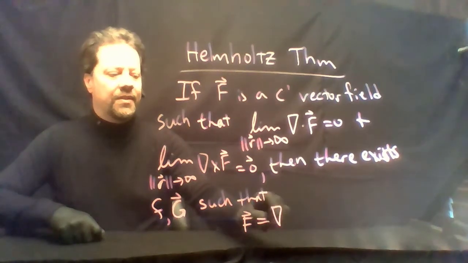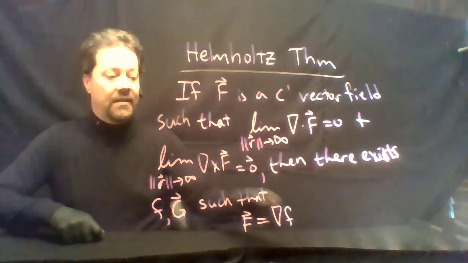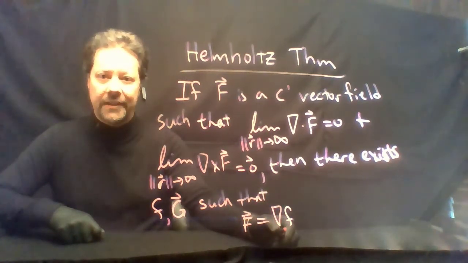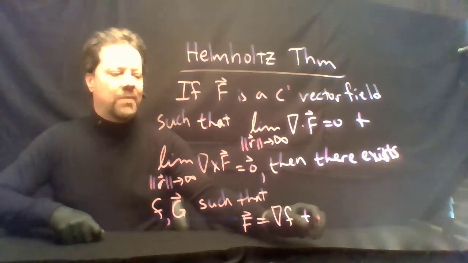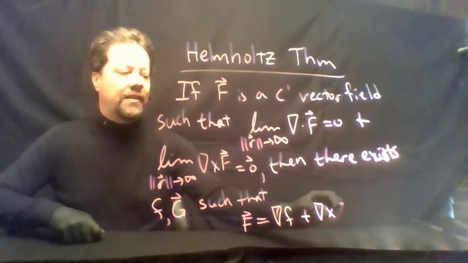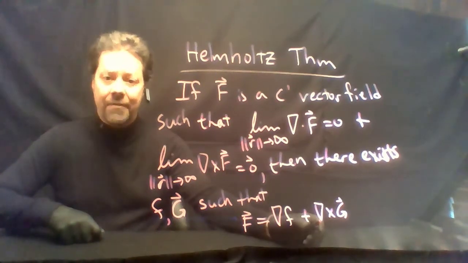The first term is the gradient of the scalar potential. This part is conservative. It is irrotational. The second part is the curl of the vector potential. The second part is divergence-free.